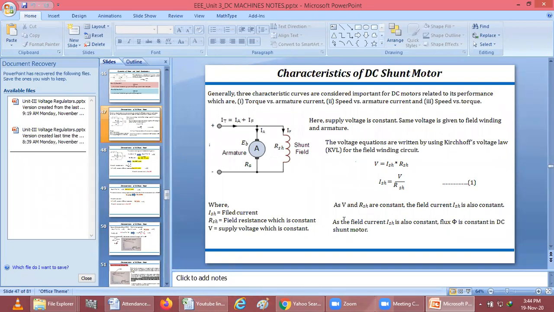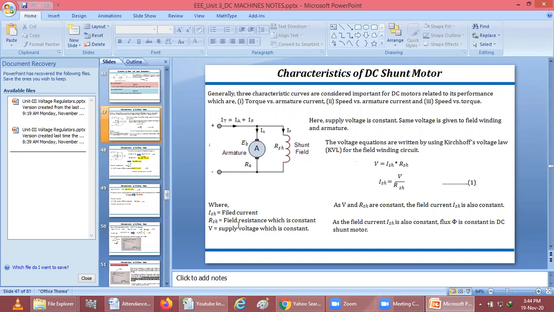Now we can rearrange that equation in the form of ISH, because we need the armature current, and for that we need the shunt current. You will get ISH equal to V upon RSH. Let us call it equation 1.